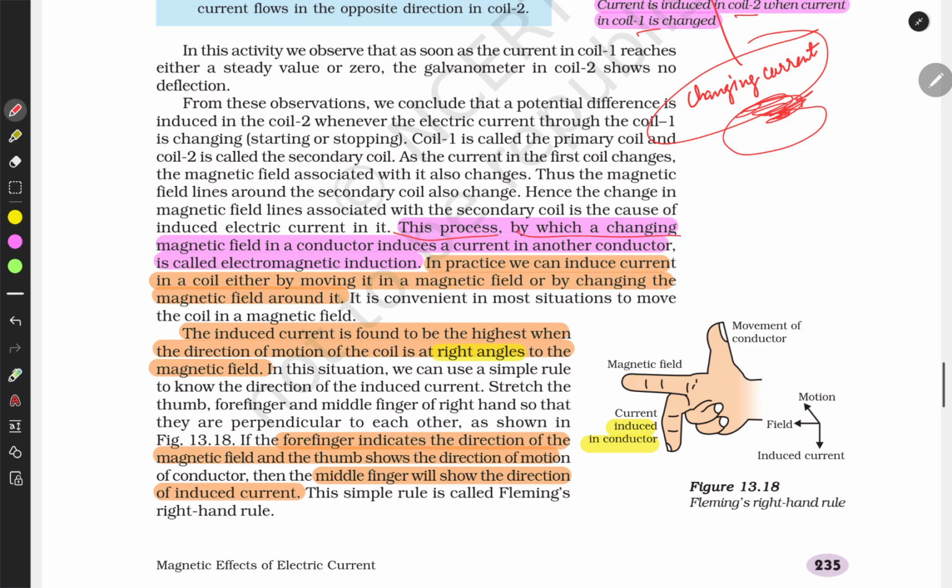This process by which a changing magnetic field in a conductor induces a current in another conductor is called electromagnetic induction. In practice, we can induce a current in a coil either by moving a magnetic field or by changing the magnetic field around it.